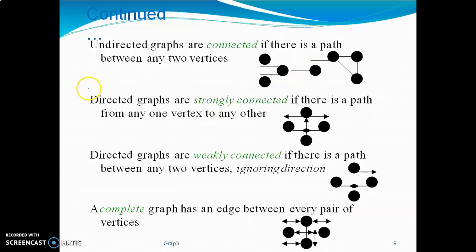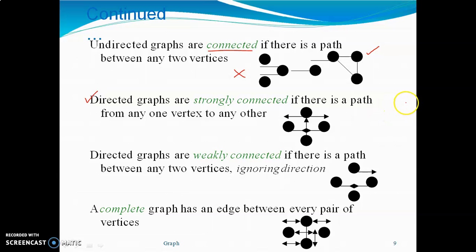Next, some other terminologies: connected graphs. If there is a path between each and every vertex, then it is a connected graph. If any of the vertices is not connected in the graph, then it is called a disconnected graph. And a strongly connected graph is one where each and every vertex has direct or indirect edges to another vertex.